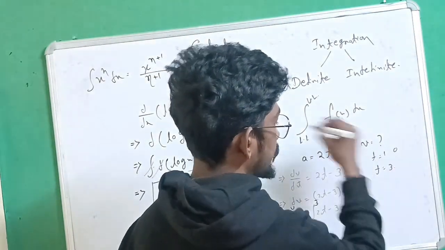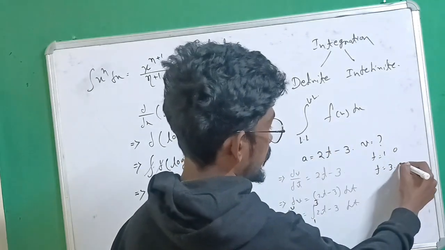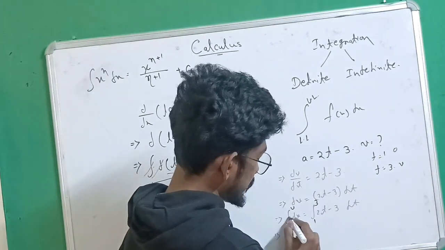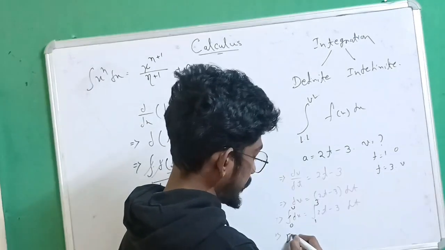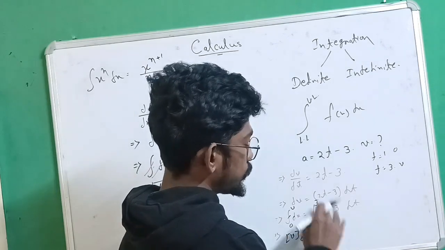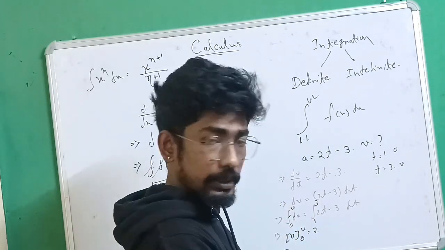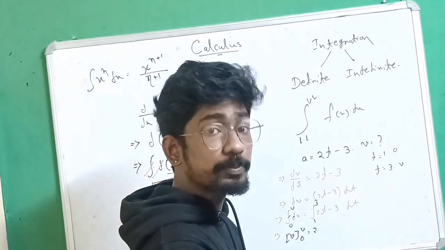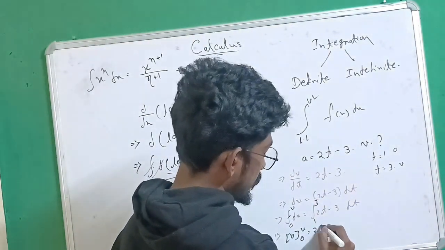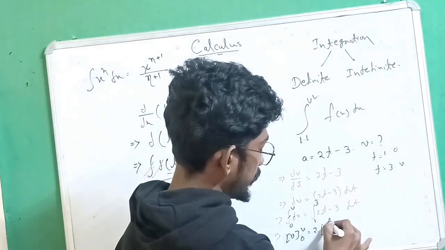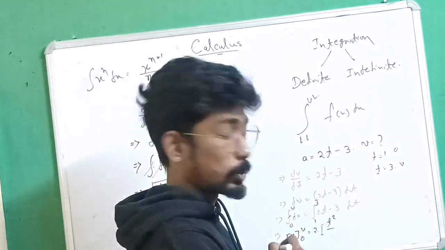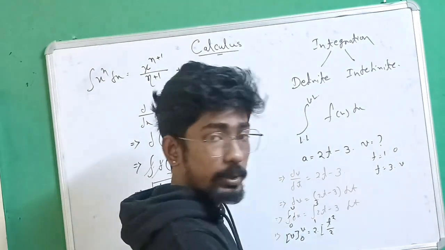At t equals 1 take v equals 0 and here take v equals v. The integration of dv gives only v, 0 to v. Now integration of 2t: first take 2 out. Now integration of t with respect to dt. The exponent will be increased by 1. Here the exponent was 1, so 1 plus 1 gets 2, and 2 goes in the denominator.